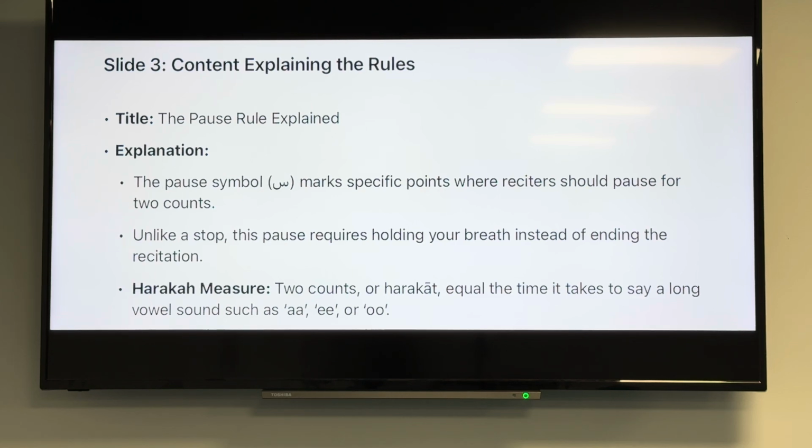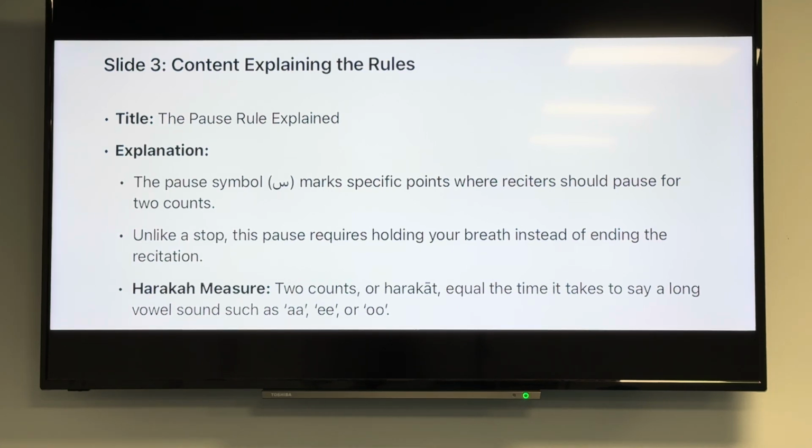There's a difference. I know back in the days, when there was a cassette player. Anyone seen a cassette player? So there was a button which used to say stop, and there was a button which used to say pause. There was a difference between the two. If you press the stop button, it will completely stop.